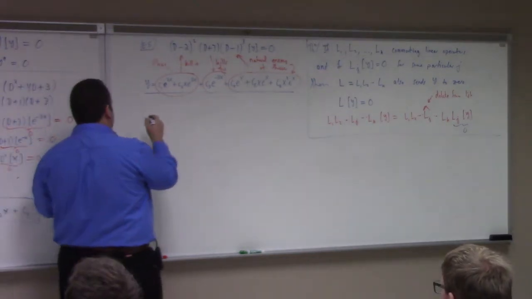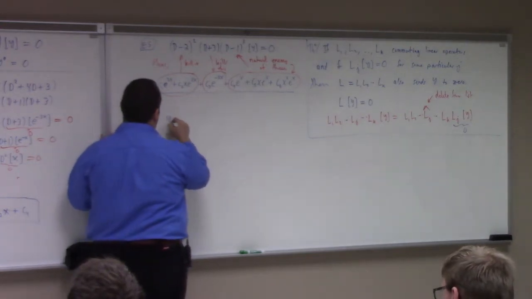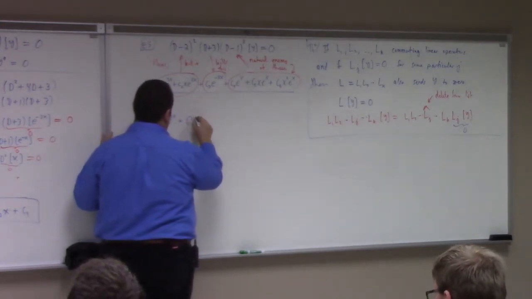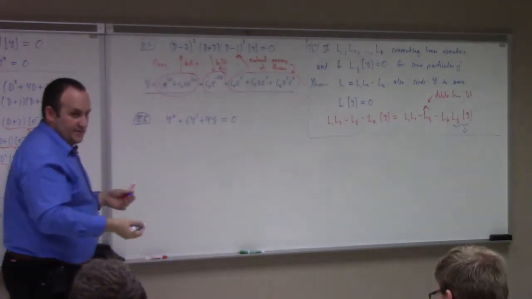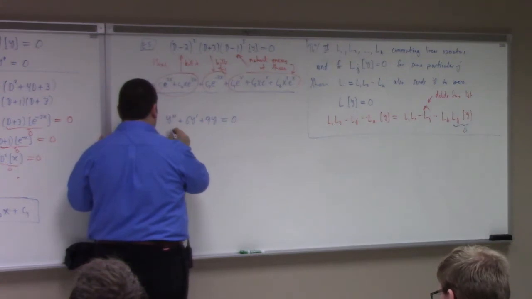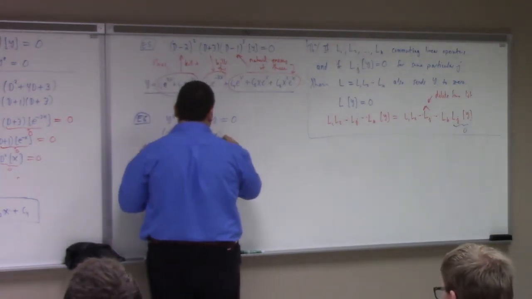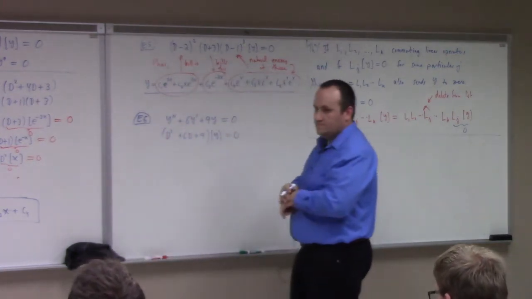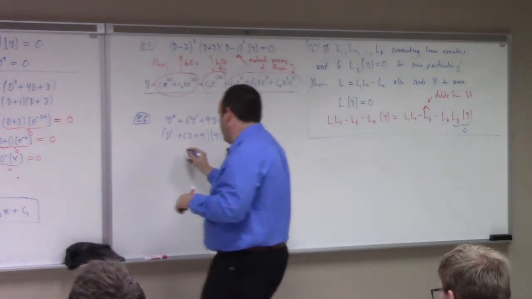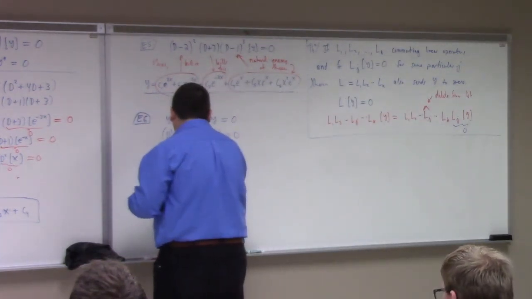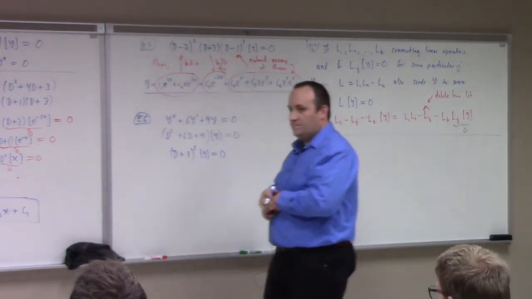All right, let me go back to chapter 4 in your book. y'' plus 6y' plus 9y equals 0. This is D squared plus 6D plus 9 acting on y equal to 0. Which is what? (D plus 3) squared acting on y equal to 0.